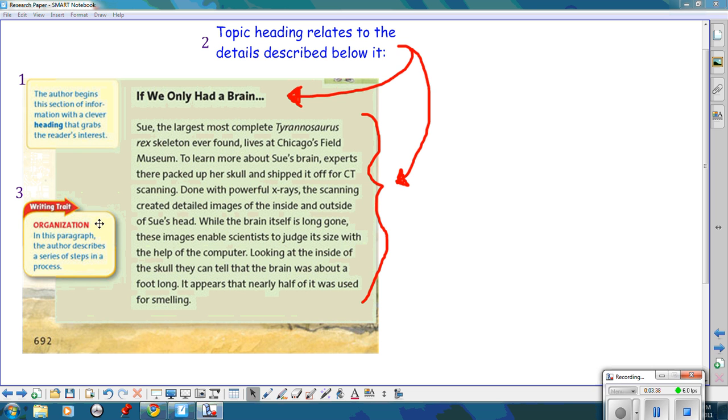So this is organized. This author organized this so that we see each of the steps, step by step, how the process was done, how they did this scanning to learn more about the brain. So that's one way that things can be organized: in a step-by-step process if you're describing the way something happened.